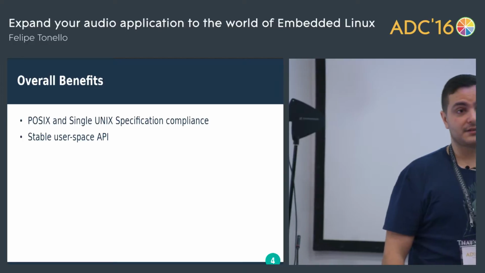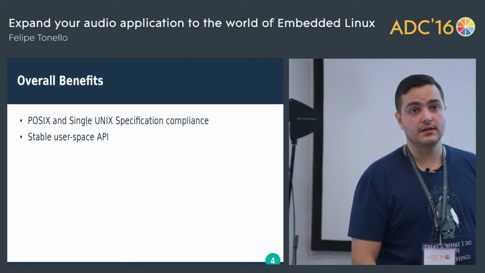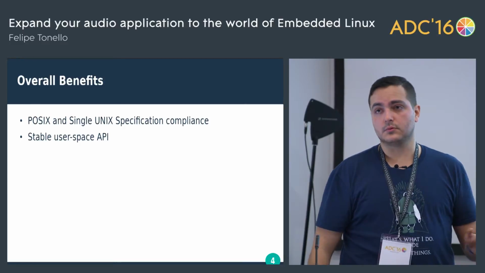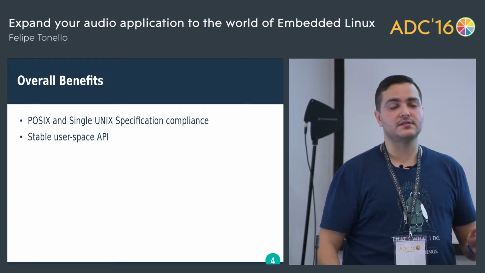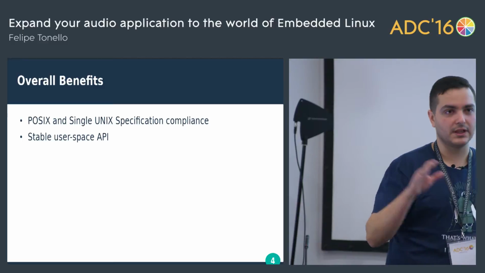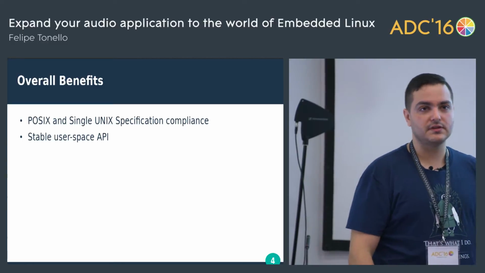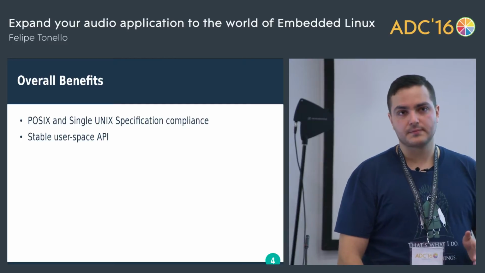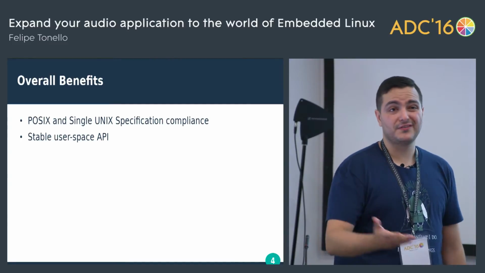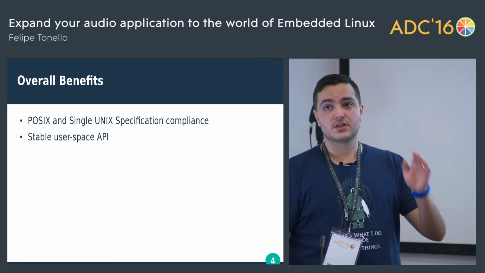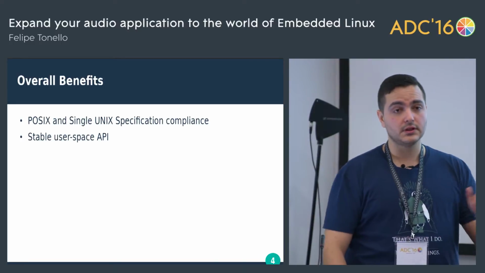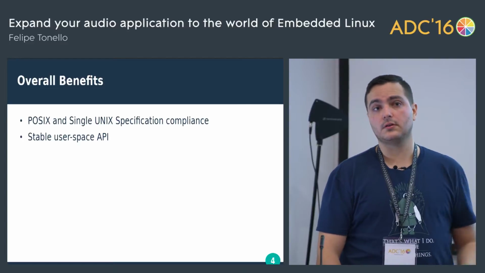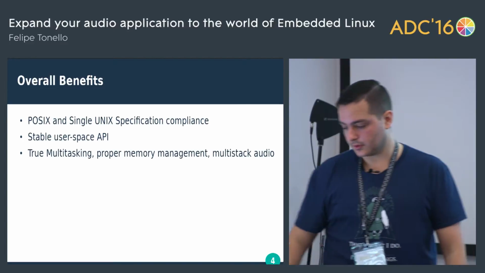In fact, it's so stable that even if it's a bug, even if it's wrong, it will become a feature. It will not be changed, basically, because user space applications are relying on that API, and Linux has a strong opinion about not breaking user space. So you can run applications that you built yourself literally 15 years ago or more and they still run on a new kernel today. That's pretty cool.